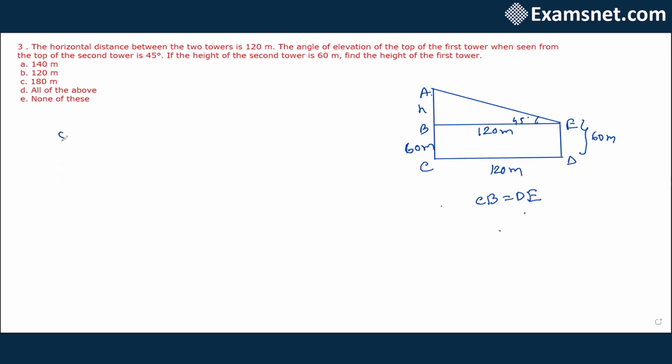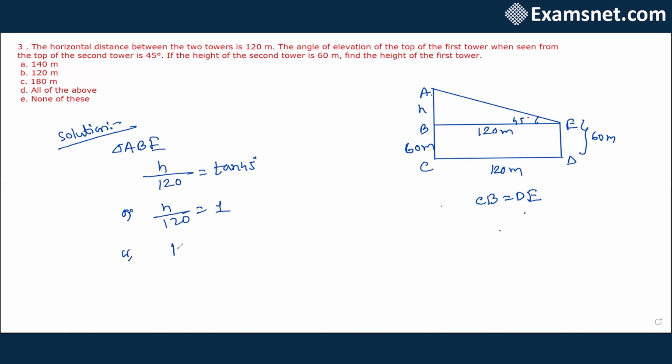So here we can consider the triangle ABE. Considering the triangle ABE, we can write H by 120 equals tan 45 degree. Again, we know the value of tan 45 degree, that is 1. So doing the cross multiplication, we can write H equals 120 meter.